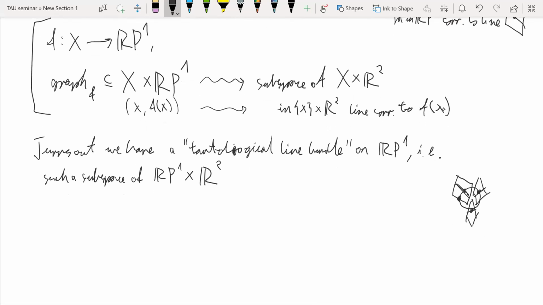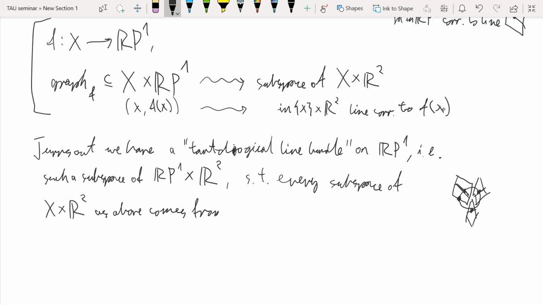So we have such a tautological line bundle, and every subspace of X times R squared as above comes from what I will call a pullback of this via some continuous function f: X to RP1. And what does pullback mean?